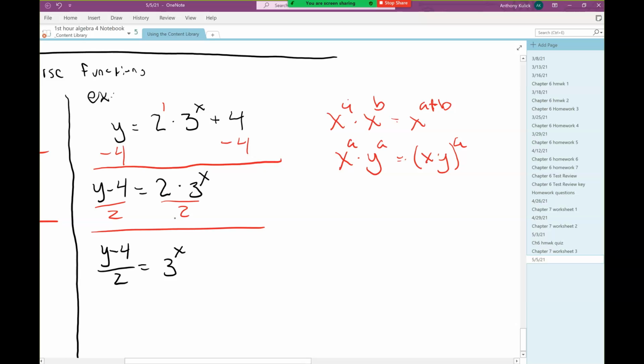Everybody's okay with that? Now, how am I going to get rid of that exponent base of 3?